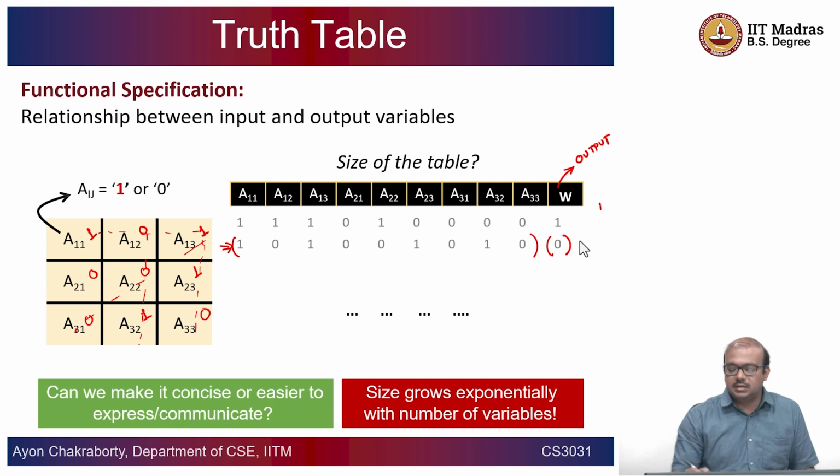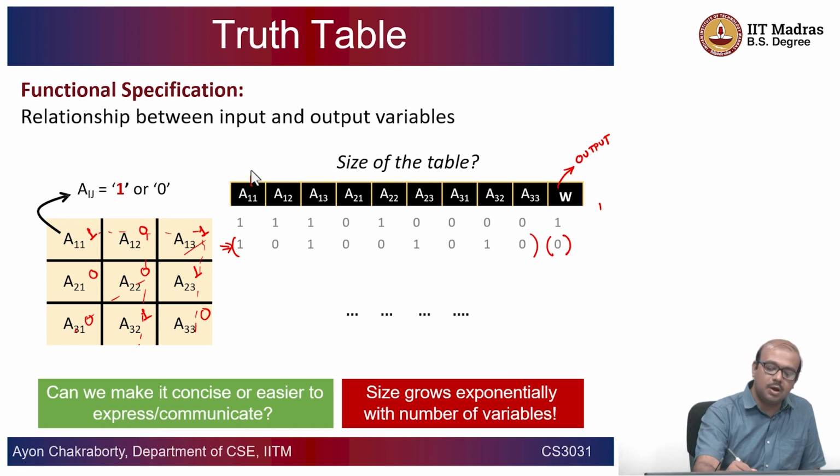This size grows exponentially with the number of variables, because every input here is a boolean value which can hold two possible states. So a11, for example, can be either 0 or 1, a12 can be either 0 or 1, and a33 can be either 0 or 1, and in between all such variables can be either 0 or 1.